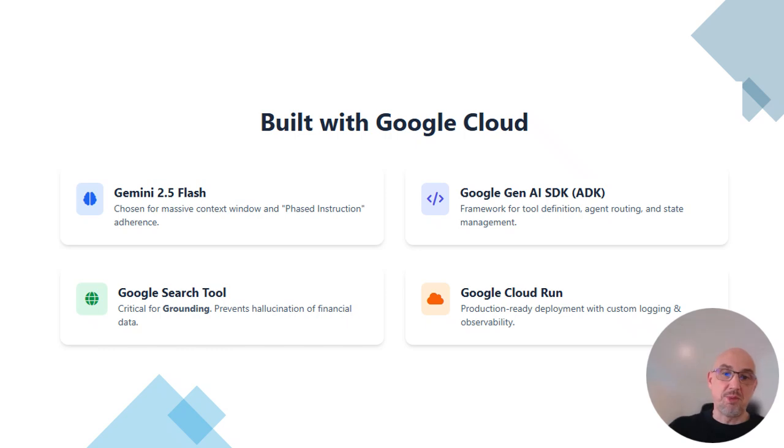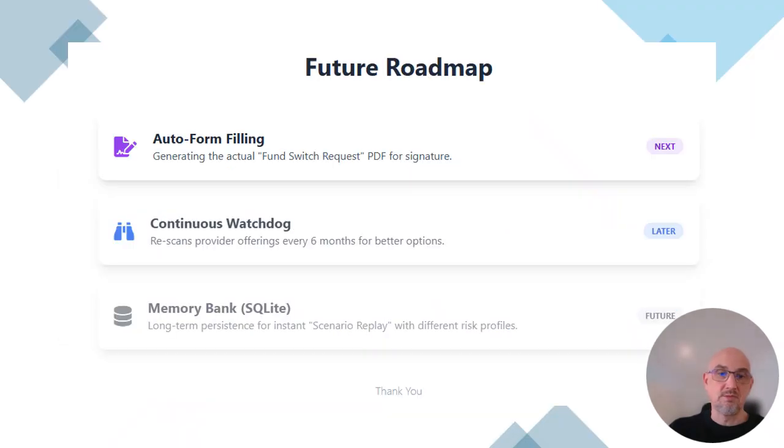This agent was built with tools from Google: with Gemini, with the Google Agent Development Kit. Google Search is used and it could be deployed in the Google Cloud. The current version is not production ready since I had only two evenings.